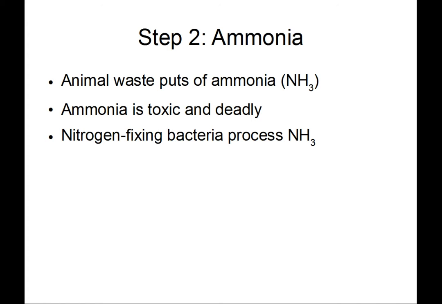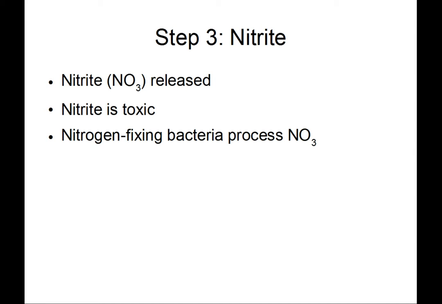To remove this ammonia and ammonium from the system, nitrogen fixing bacteria must process it, and it is transformed into NO2, nitrite. When the nitrite is released, it too is toxic, and fish cannot live with even a low amount of nitrite in the water.